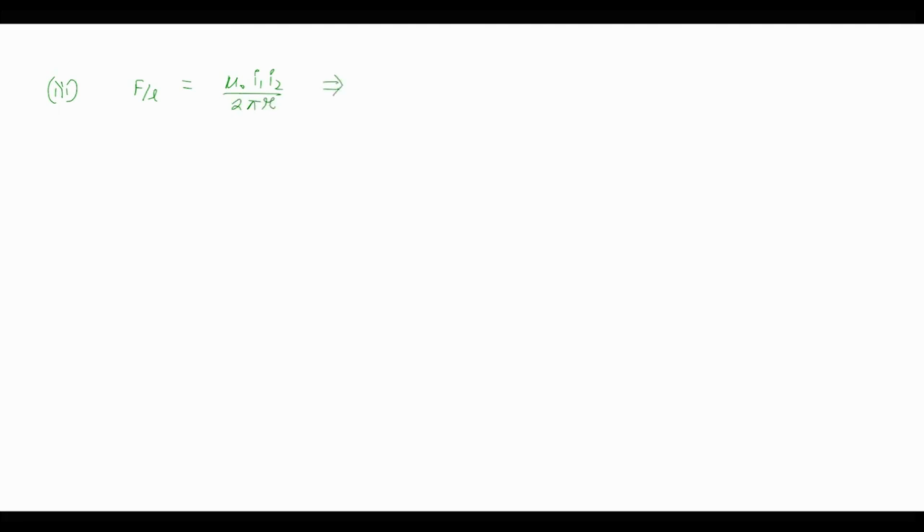If we do the calculation, I am writing it as 10 to the power minus 7 into 2 into 9.6 into 3 by 2. I have modified this expression by multiplying 2 on both sides. From 4 pi we can cancel out mu naught and obtain 10 to the power minus 7, and on solving we obtain 28.8 into 10 to the power minus 7 Newton per meter.